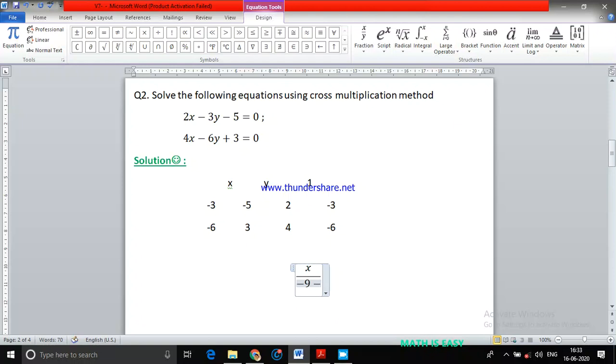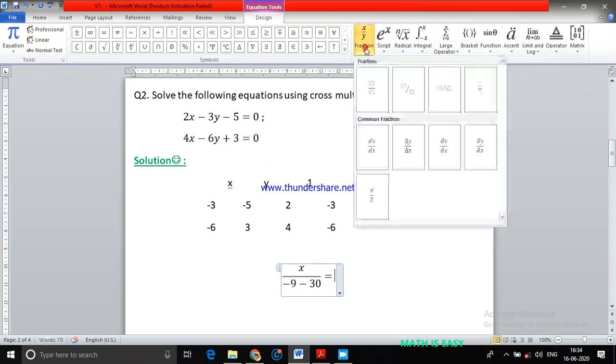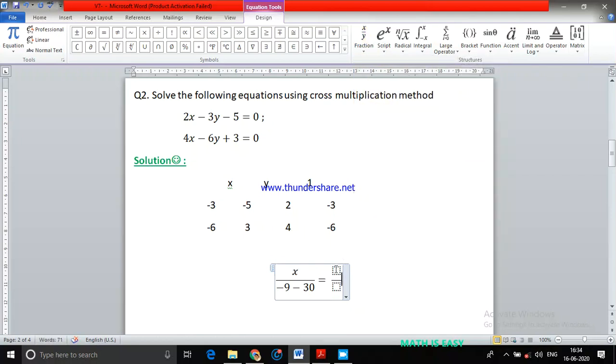So formula has minus 30. Even though I am writing minus 6 into minus 5 is plus 30, I am writing here minus 30 because this minus comes from the formula. Okay, so between the two terms you will always have a minus sign.